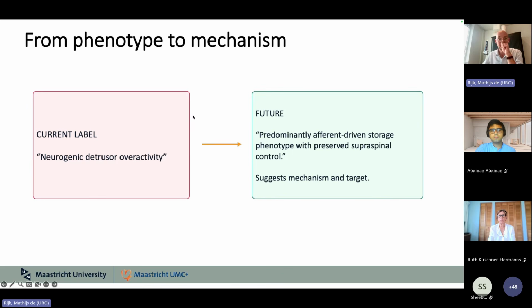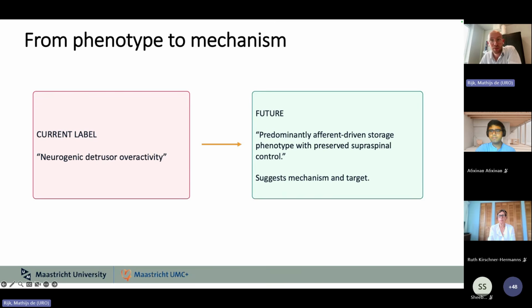And I think the basic science in this field will hopefully help us to move from the current label, which is rather general, neurogenic detrusor overactivity, to labels that are more based on mechanisms and also identify the likely target, right?